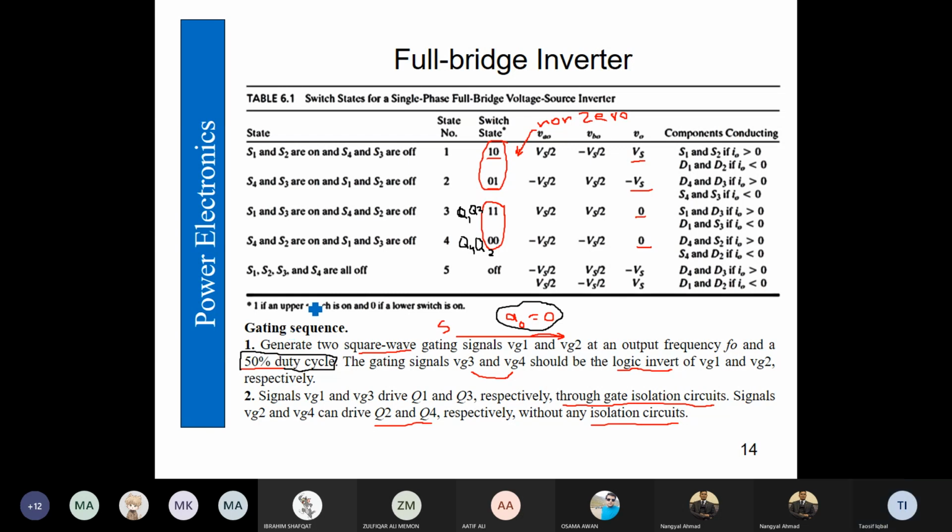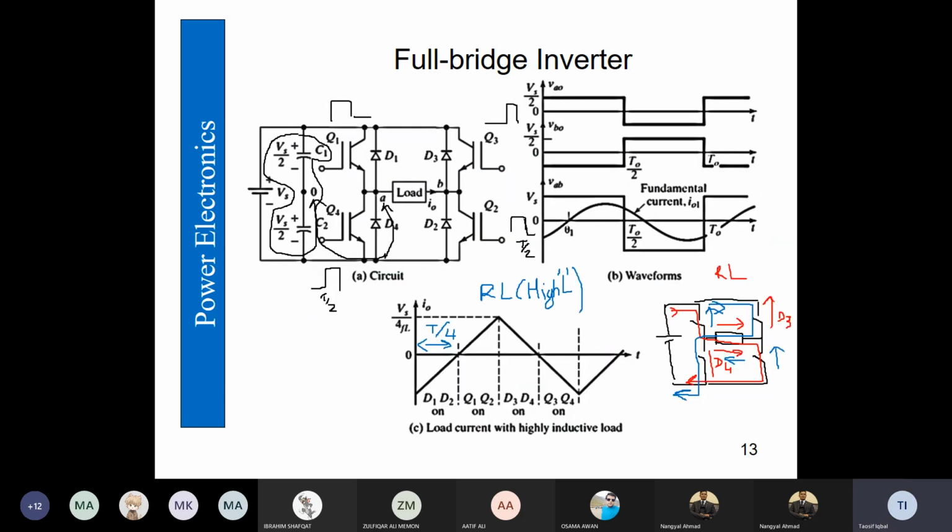So let us now get into the switching sequence of the full bridge inverter. Q1 and Q4 are in one half bridge, so they cannot be switched on together, because they are going to short the supply.